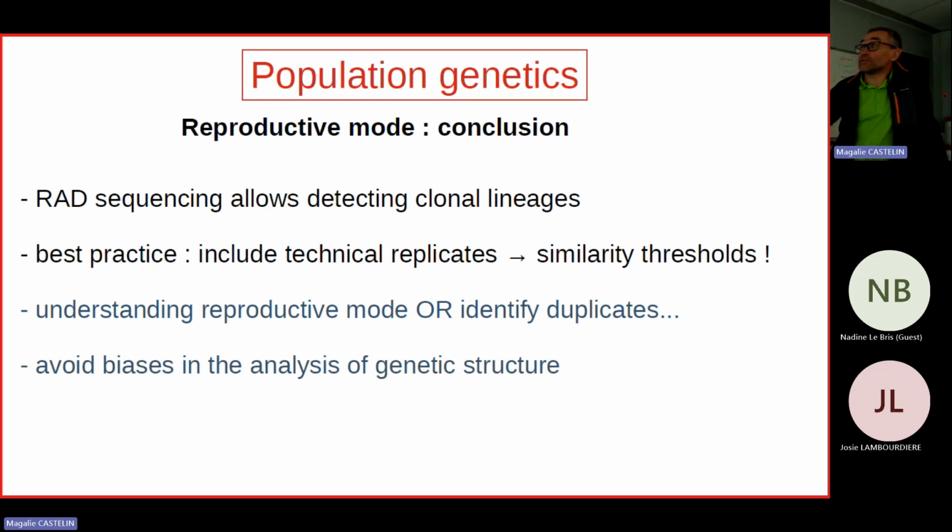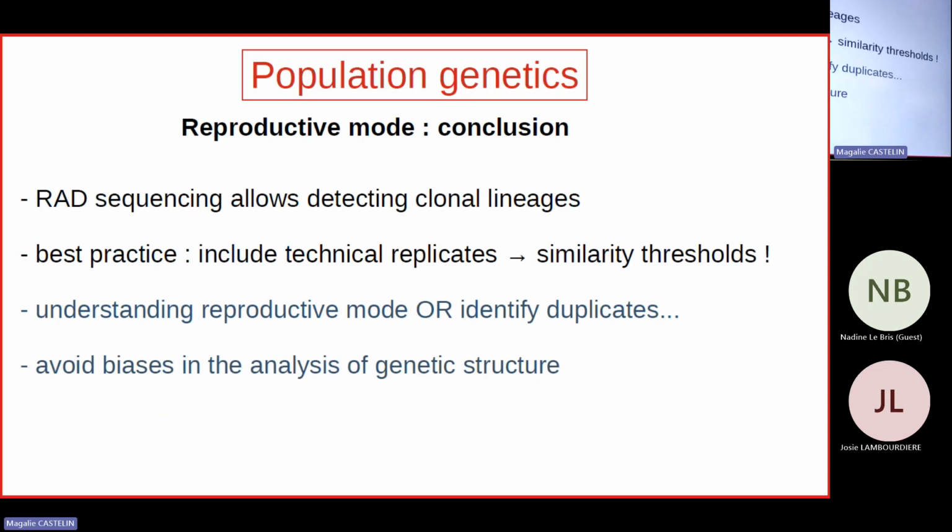That means it's very important to have, for example, 4 or 5 or 10 individuals that will be sequenced twice. It will give you an idea of the levels of similarity you will get for the same individual. So this is very interesting to understand the mode of reproduction or to identify duplicates.